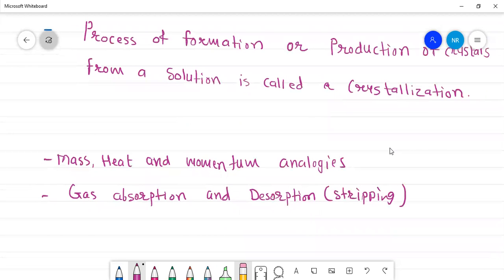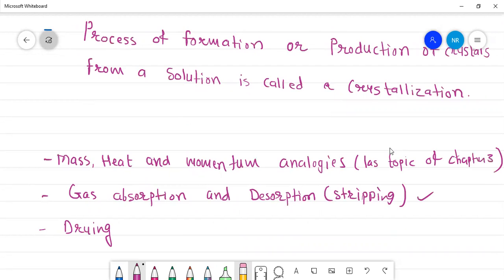Only these three are there. This is the last topic of chapter number 3. This is the 4th chapter and this is the 5th chapter. Only these topics will be there in your midsem 2 exam. No topic of crystallization in your midsem exam.